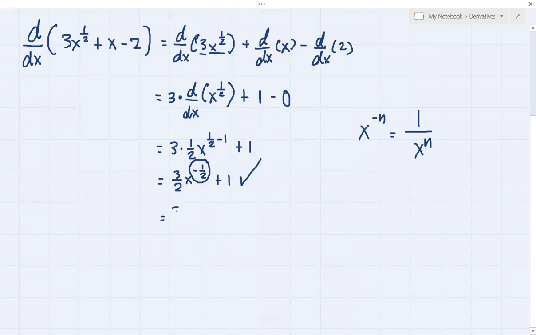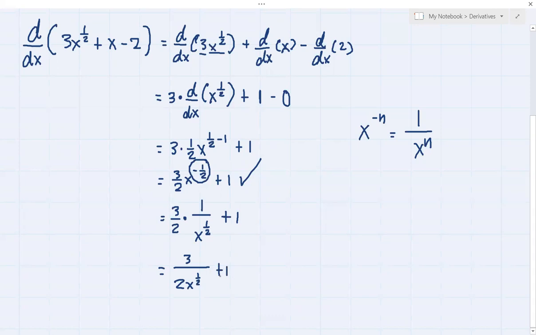So therefore, meron tayong 3 halves times 1 all over x raised to 1 half. Okay? And let me copy the other two. So therefore, kung i-combine mo sila, tama, we will have 3 all over 2x raised to 1 half.